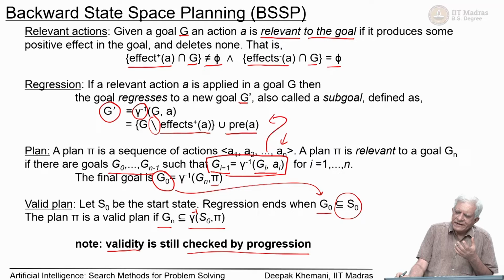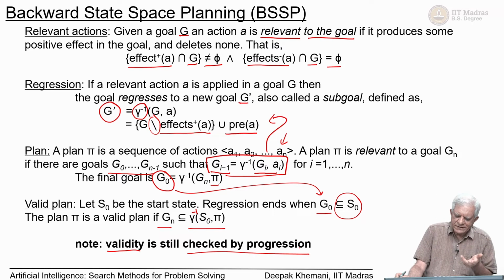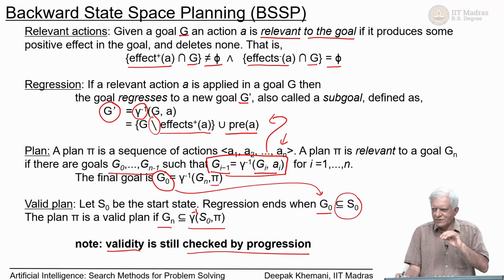I don't understand how it would be low. Because in the start state that we had, some 10-15 actions were possible. There were many columns of blocks, each of them could be moved. In the goal description, in the small example we saw, there were only two things, let's say some A must be on B and B must be on C. So there are only two actions which will achieve that, and all the other actions are not relevant.